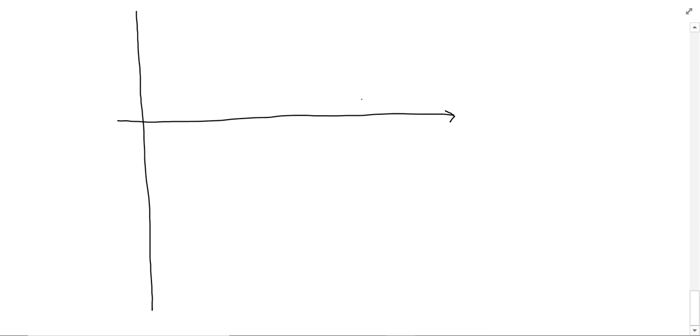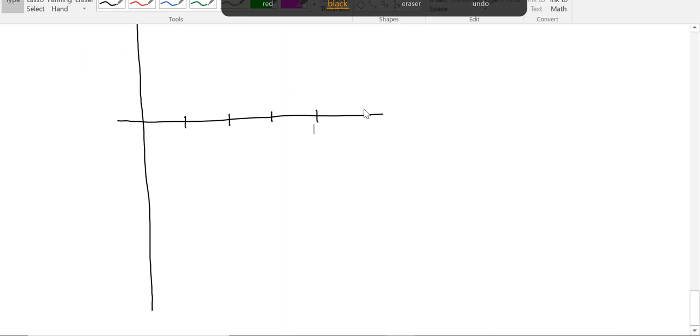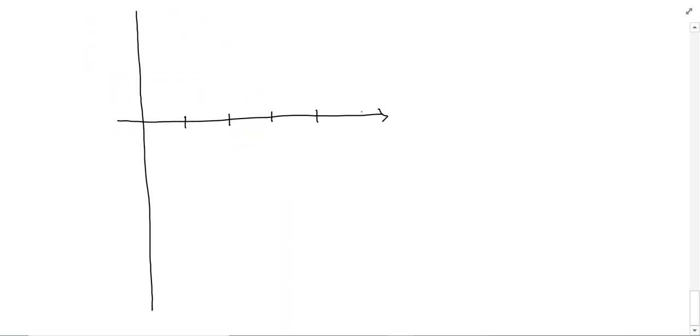And I know that after x equals 4, the graph is increasing always, right? So it's just going to increase and the end behavior will be going up and to the right. So I'm going to put 4 on here pretty far out on the axis. So it's 1, 2, 3, 4. Okay, maybe I don't need to go quite so far. Okay, so here is 5. There's an intercept at 4, 0. Okay, and there is an x-intercept at 0, 0. So we can anchor those 2 points on the graph.